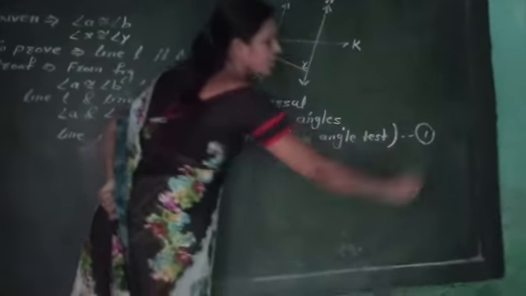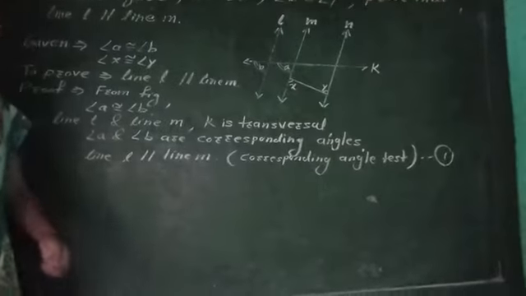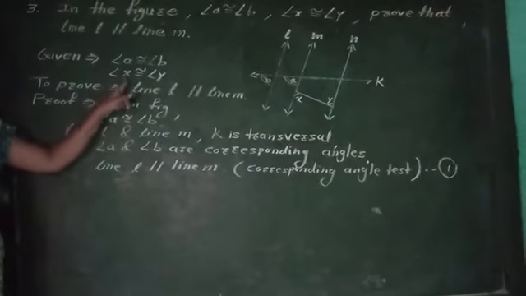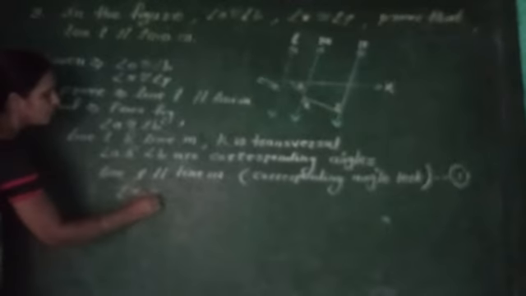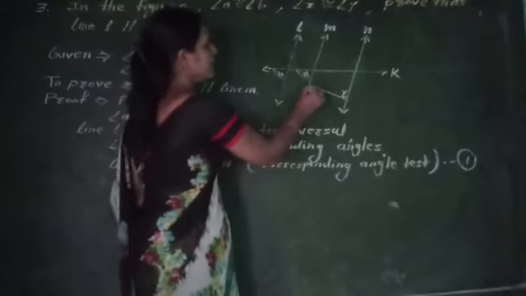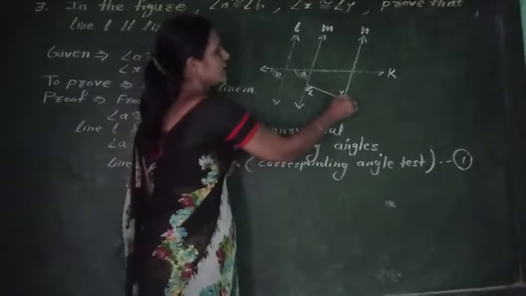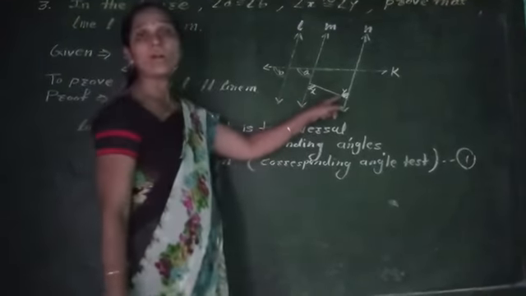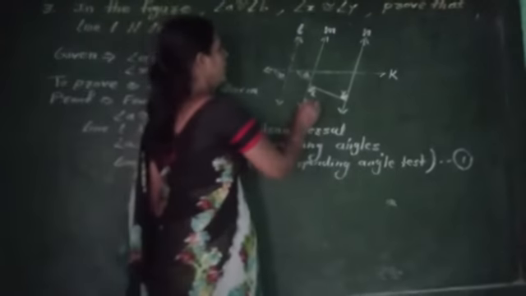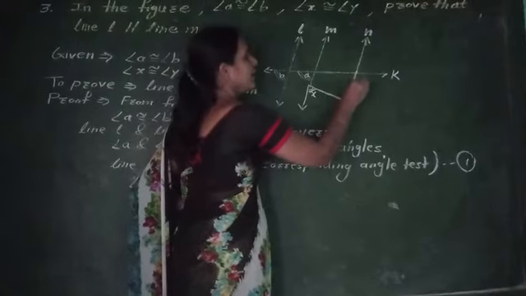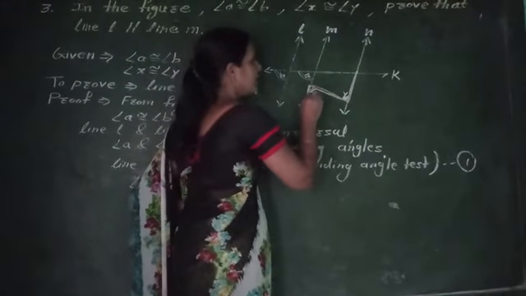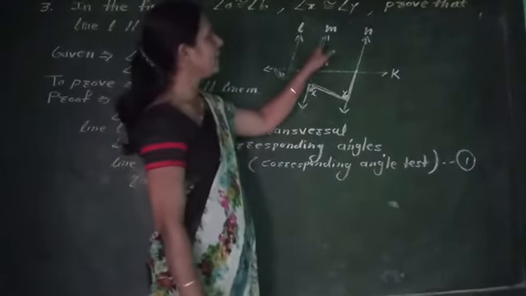Equation number 1. Now again see here, angle X is congruent to angle Y. In the figure, this is angle X and this is angle Y. These are congruent. Now see the shape of these angles. This is just like alternate angles.